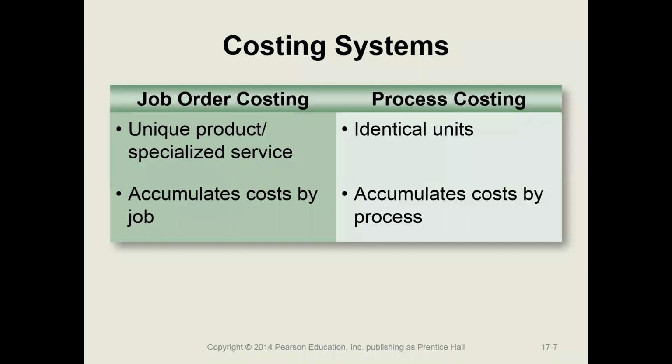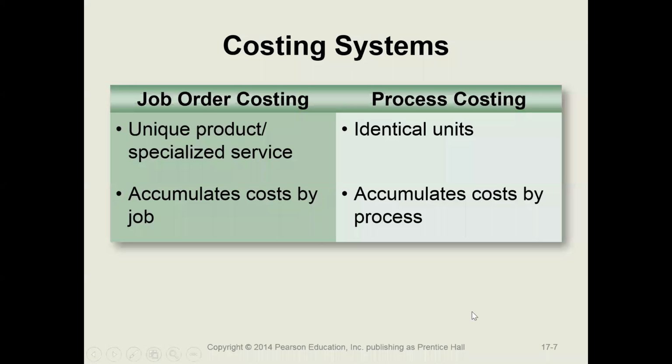So if you can divide up what your business is into segments, then job order costing is appropriate. So job order costing is used for the production of unique products or specialized services. Again, if your work, what the business is all about, can be divided up into segments or compartments or projects or jobs.